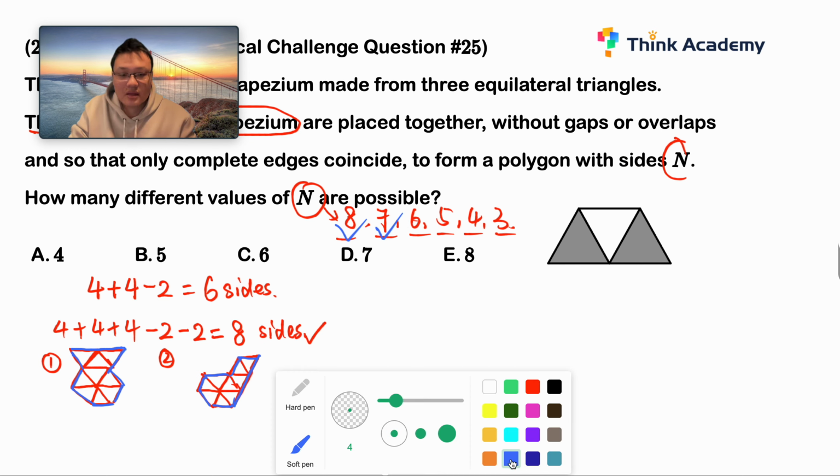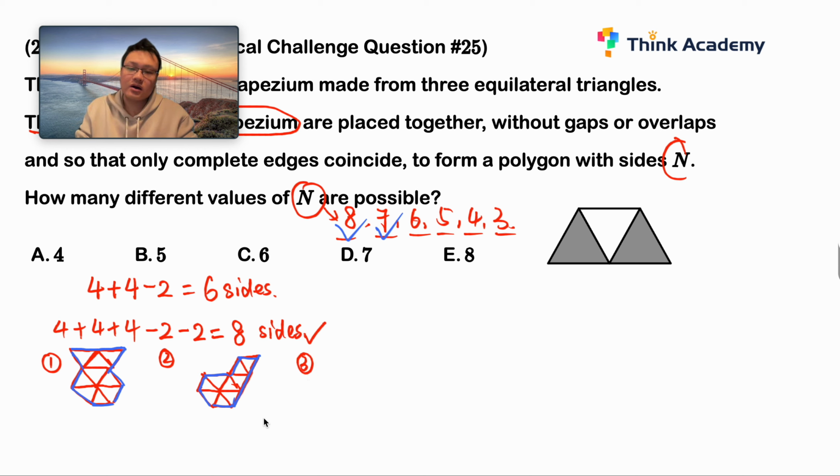And how about 6? Actually, if you want to get 6 sides, you cannot use that regular hexagon, because no matter how you put the last one, it must be more than 6. So basically, let's put 2 of them in a line first. Because this way, we'll have this parallelogram, and that is just 4 sides, right?